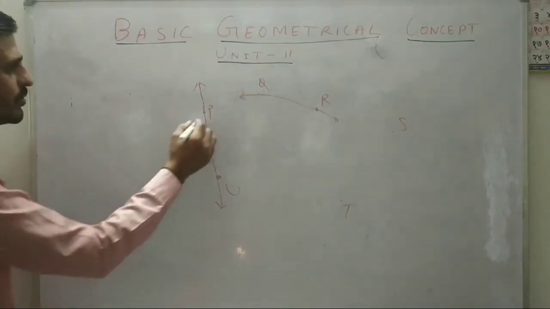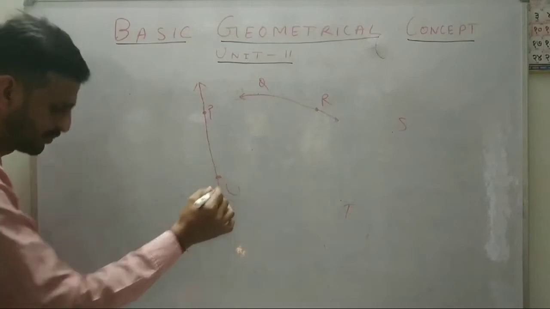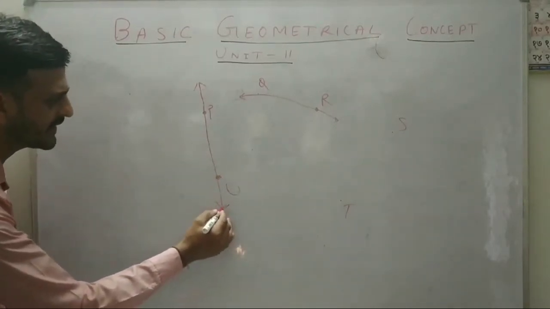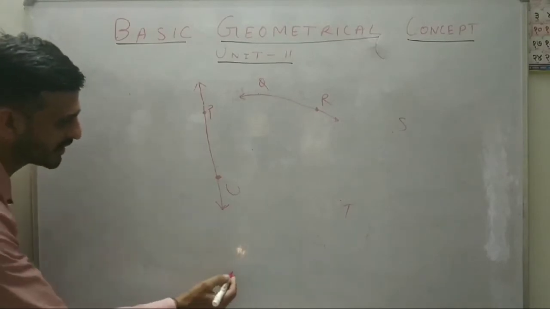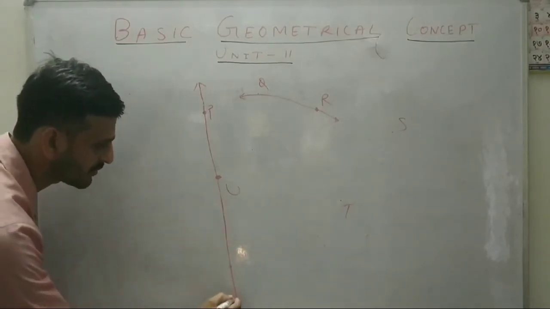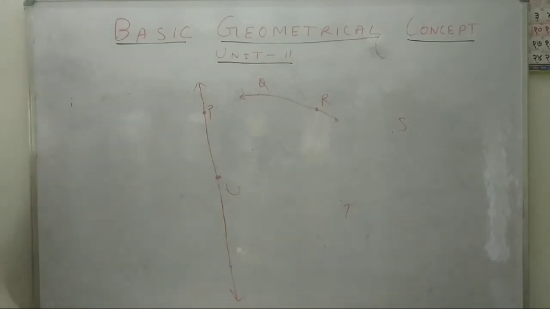That means whenever we join two points, it can be extended endlessly, because this is a plane, and another point may be here, so you can extend it up to there also. This is called a line.